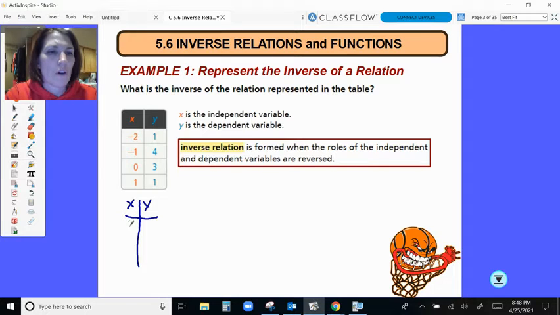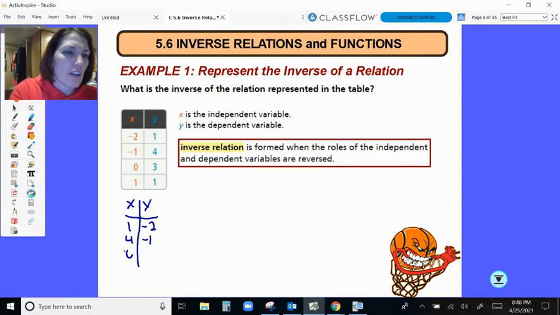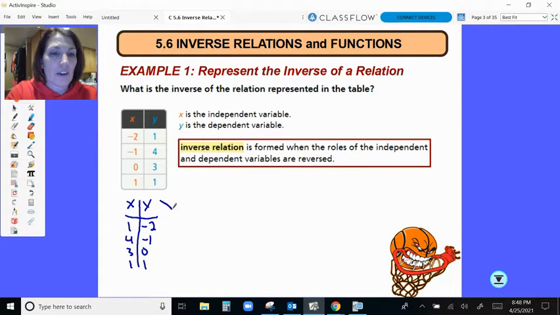This one would become 1, negative 2. This would become 4, negative 1. Instead of 0, 3, it would become 3, 0. And 1, 1 would stay the same. And this right here would be my inverse relation. So we reverse the roles.